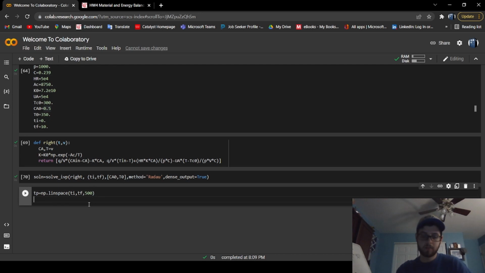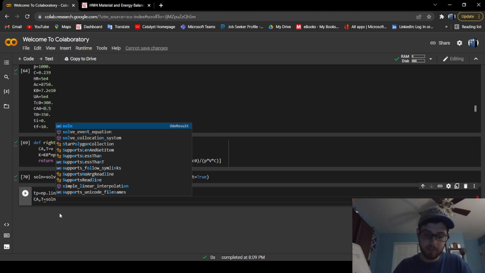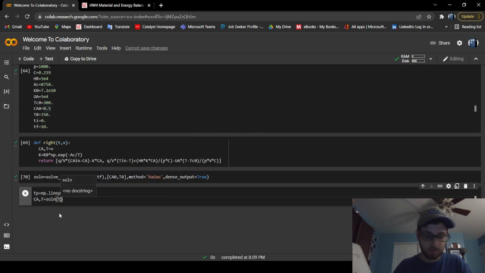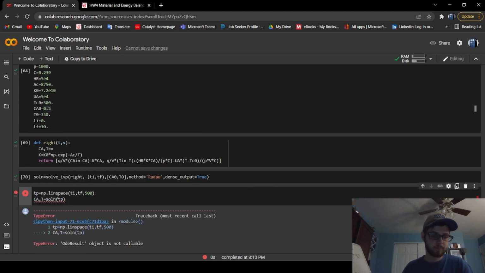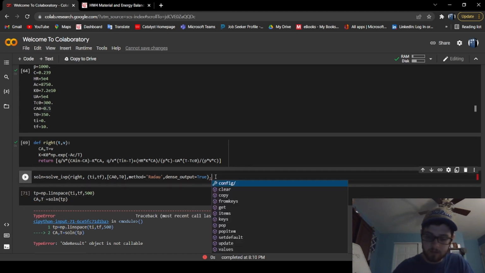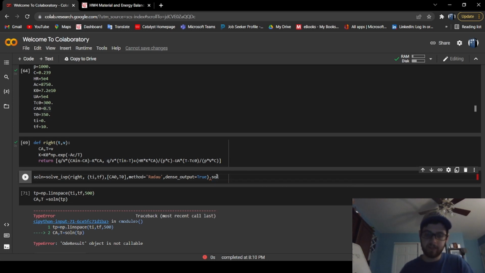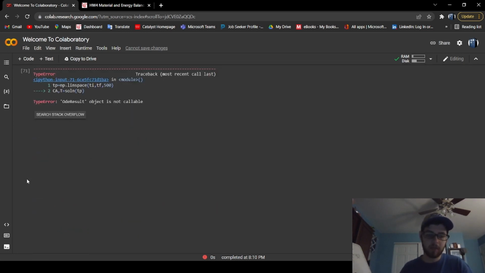And then we want to make, I believe it's CA and T, is equal to a solution in terms of this t-plot. That is not it. Oh, I need the dot sol because that's the value that we want, and that grabs that value.